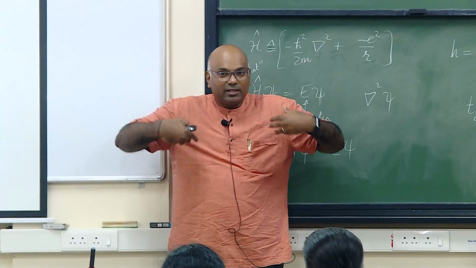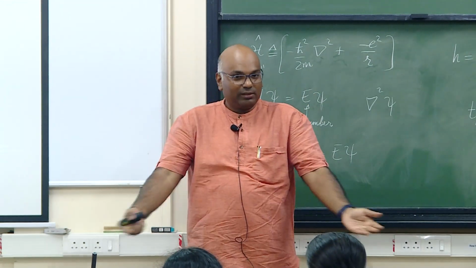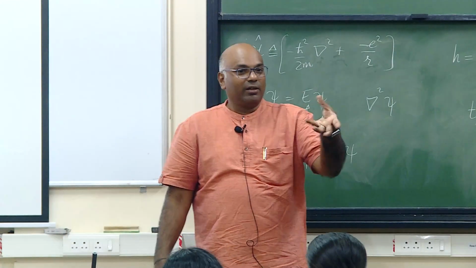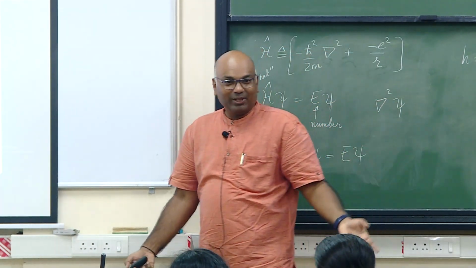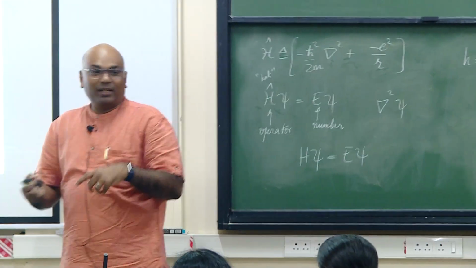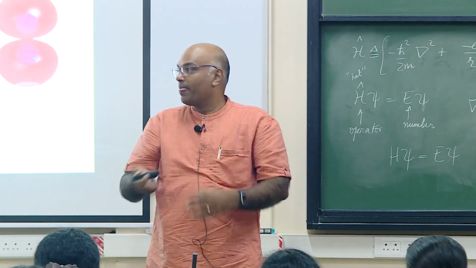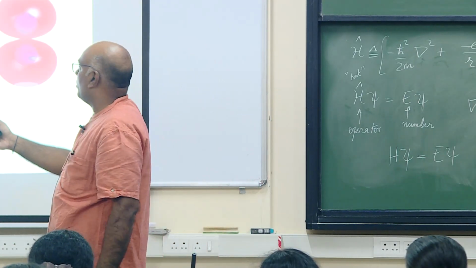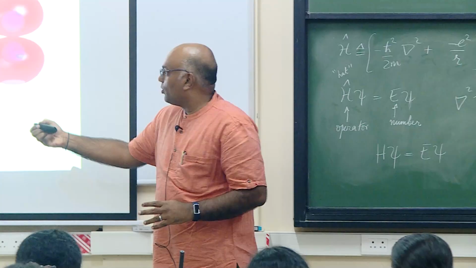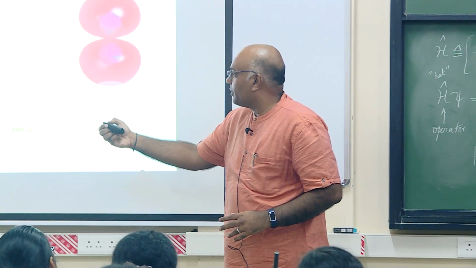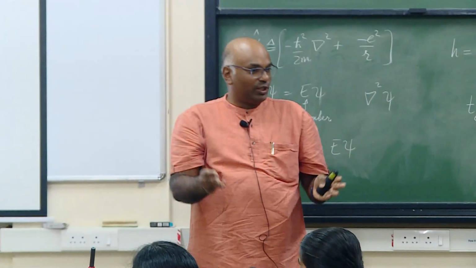We are all such ants walking on approximately a surface of constant r on Earth. So we are living on an s orbital. But if there was a theta or phi dependence, the shape of the orbital will change. So this orbital depends on the angle theta. There's a cos theta here. Everything else depends on r, whereas there's a cos theta. That's what gives it the dumbbell shape.